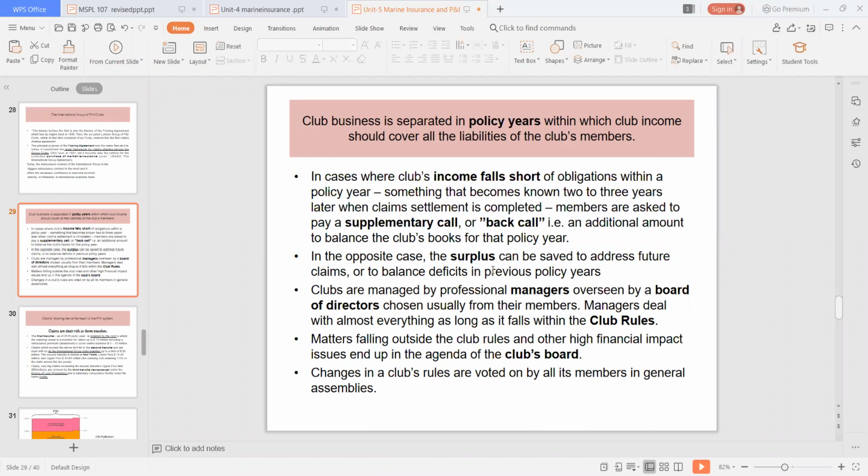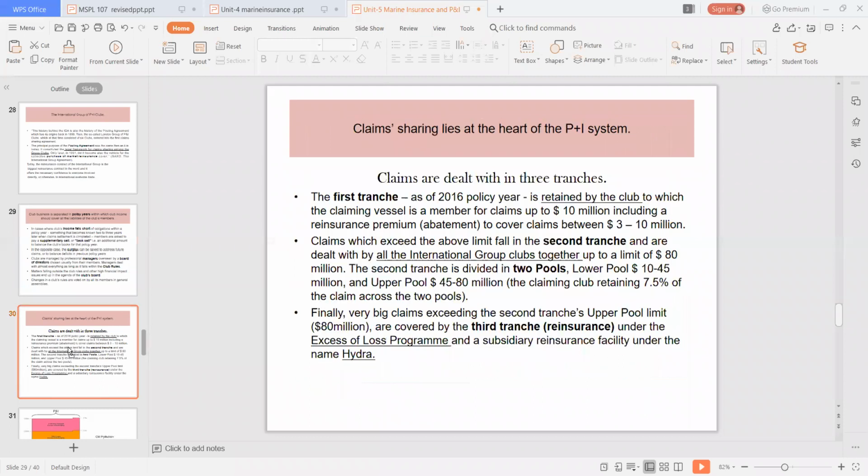In the opposite case, the surplus can be saved to address future claims or to balance deficits in previous policy years. Clubs are managed by professional managers overseen by a board of directors chosen usually from their members. Managers deal with almost everything as long as it falls within the club rules. Right? Matters falling outside the club rules and other high financial impact issues end up on the agenda of the board. So, the club business and clubs play an important role here, right?